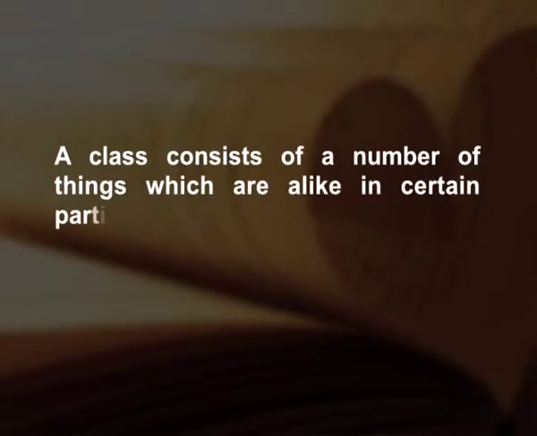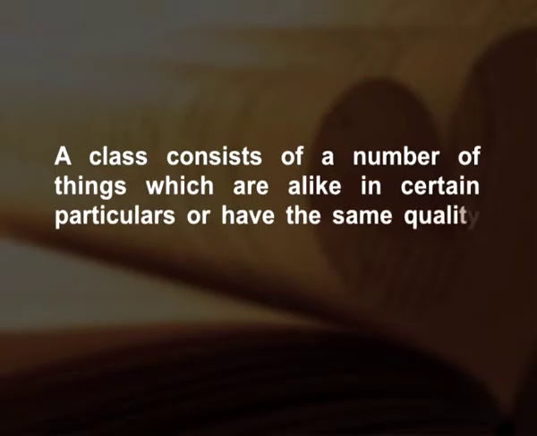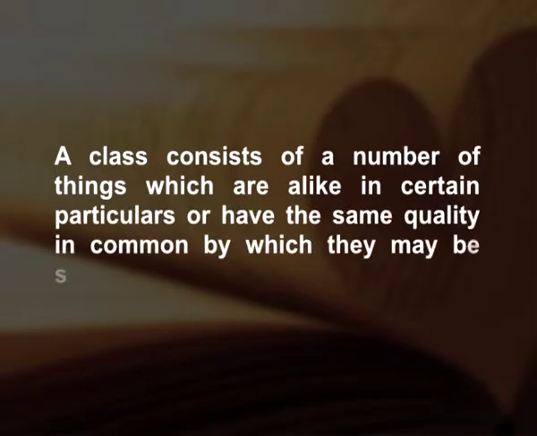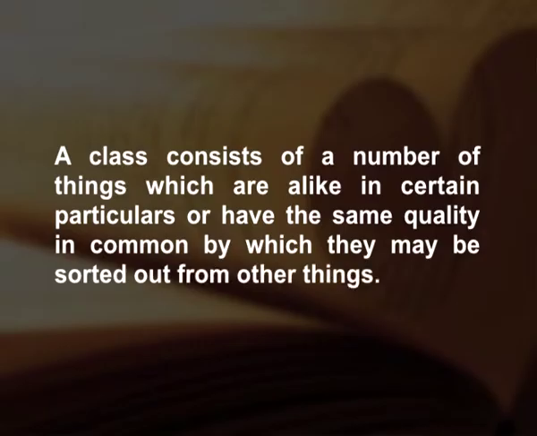The result of classification is the formation of classes. A class consists of a number of things which are alike in certain particulars or have the same quality in common by which they may be sorted out from other things. At the same time, a class is a unit by itself.